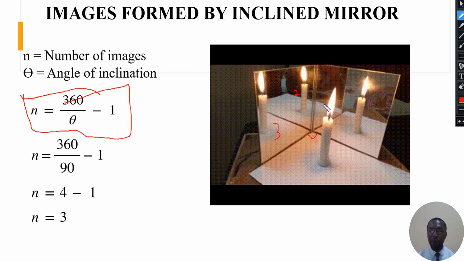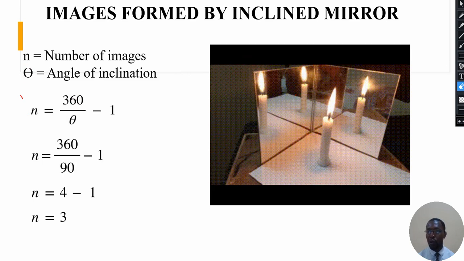So we have 3 images formed, because the angle between the two mirrors is 90 degrees. So with this formula, you can determine the number of images that will be formed when two mirrors are inclined to each other. Okay, so that formula is very key for us in determining the number of images formed.